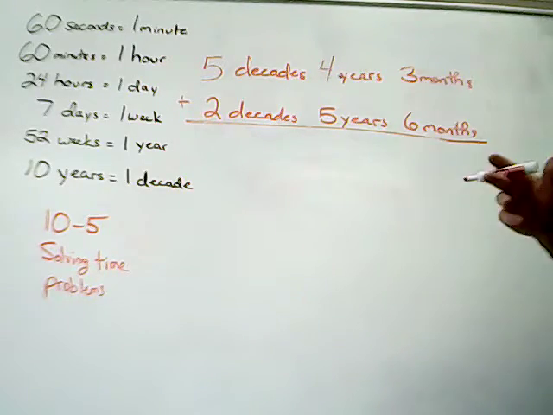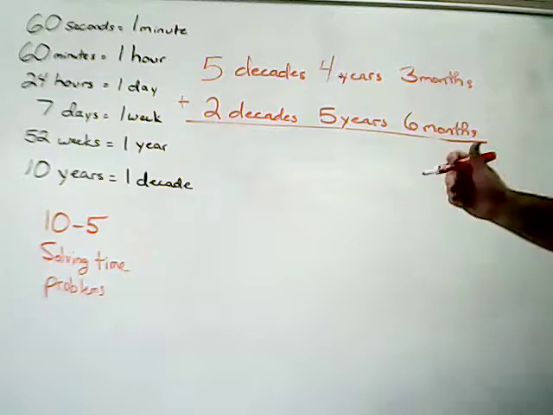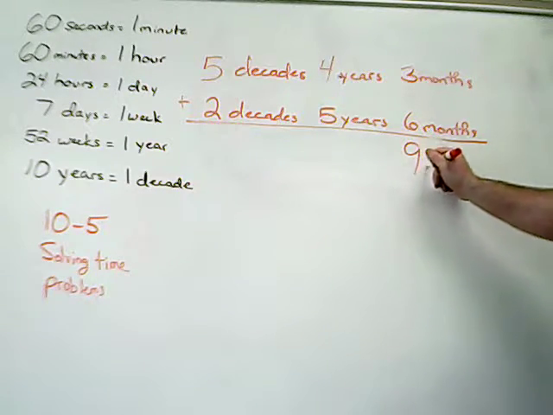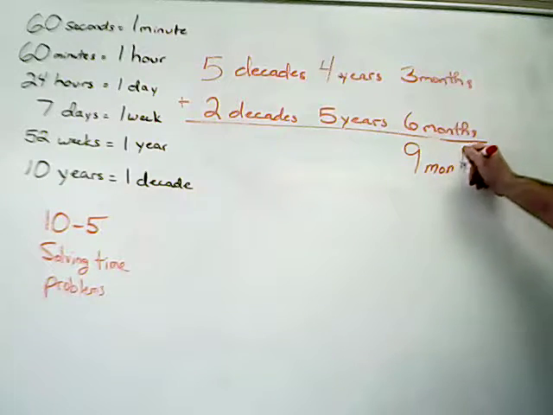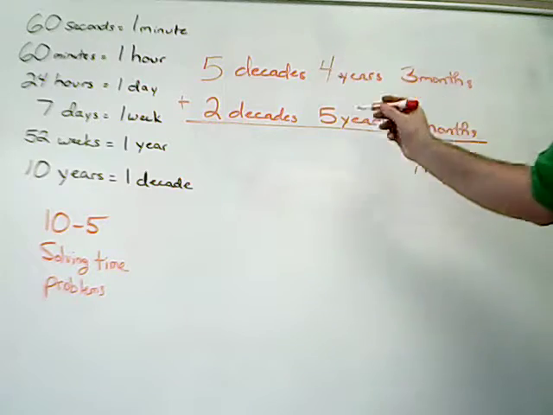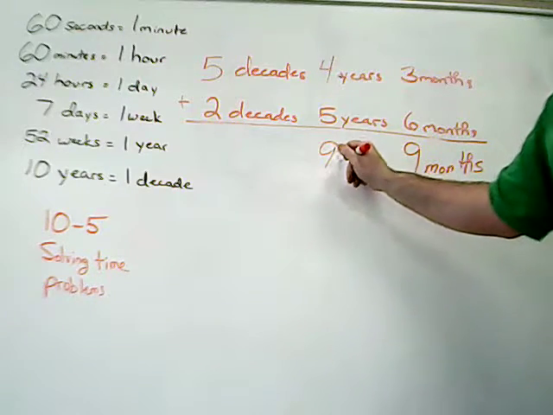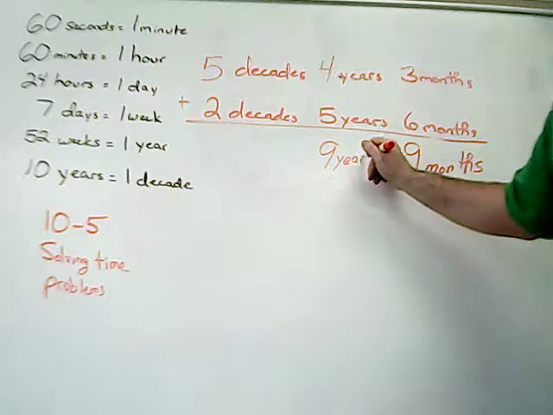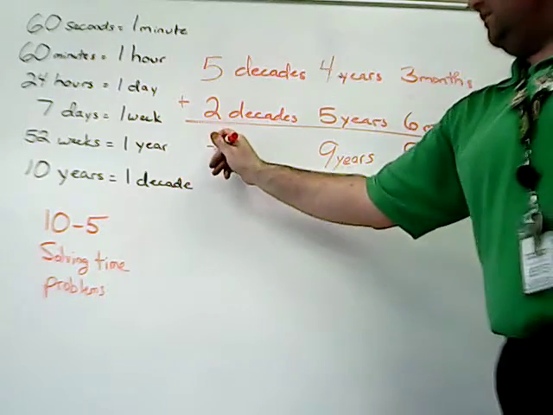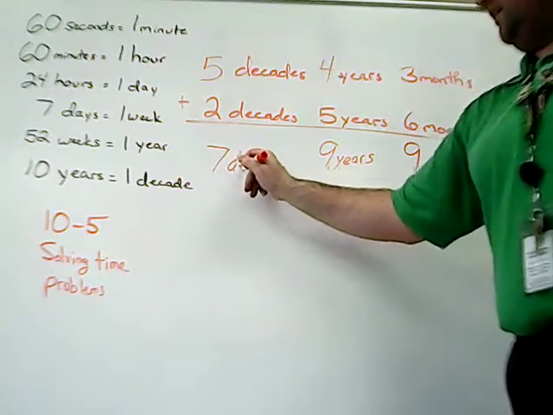Again, start on the far right side with your months. 6 months plus 3 months, 9 months. 5 years plus 4 years is 9 years. 5 decades plus 2 decades is 7 decades.